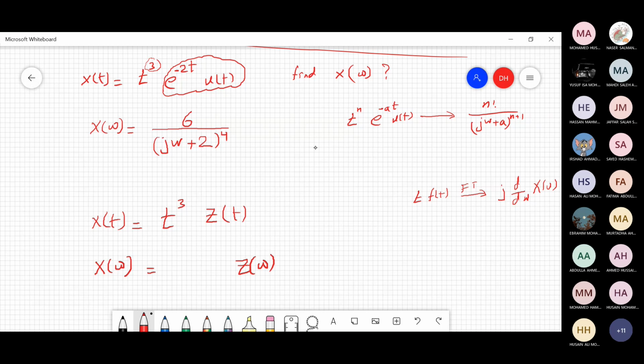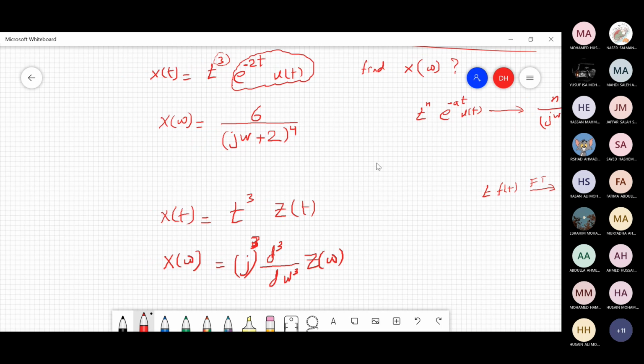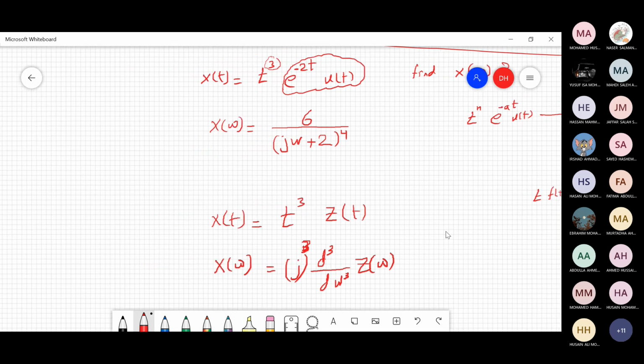Then it is a 3, then take third derivative with respect to omega multiplied by j to 3. So as example, you can take this one again and do it by differentiation. So then you will get exactly same answer. But this is of course easier, but just for verification.